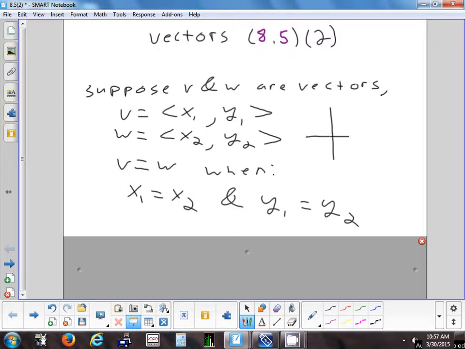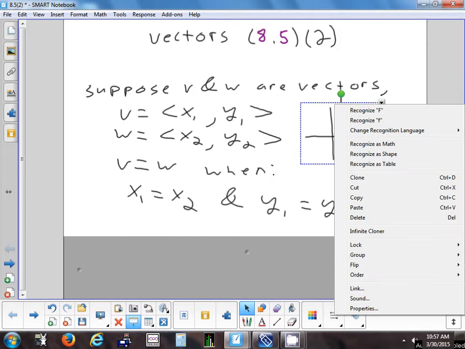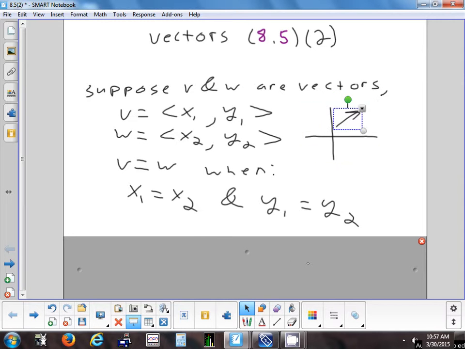So let's say I had a coordinate plane, and I had a vector like that. And let's make a copy of it. Those two vectors are equal. They have different initial points and terminal points, but they each have the same horizontal component.